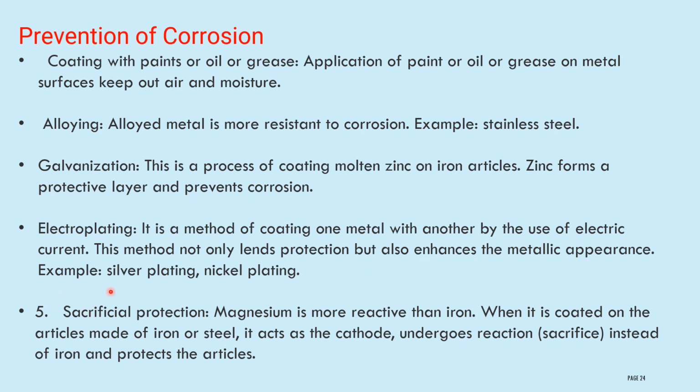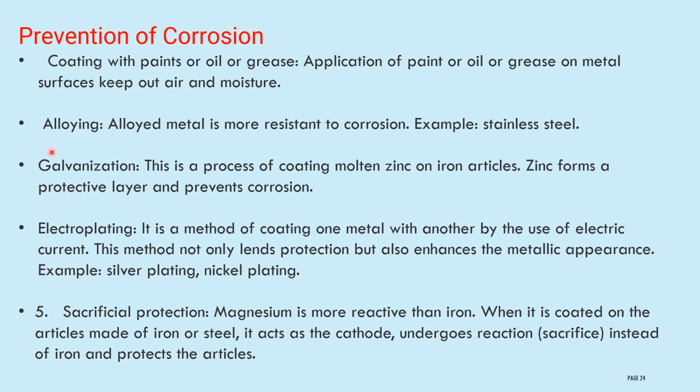For example, silver plating, nickel plating. This enhances the strength of the metal and also the appearance of the material. Normally we use silver plating and nickel plating. This electroplating you can see in motor vehicles, car, bus, everything, aeroplane, rocket; we use electroplating only.